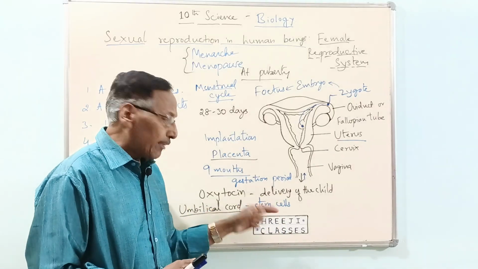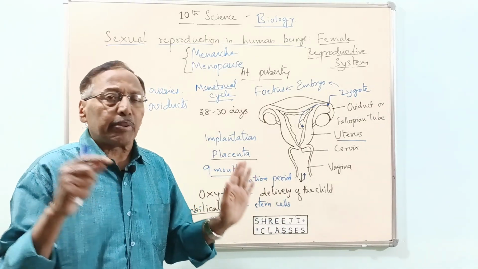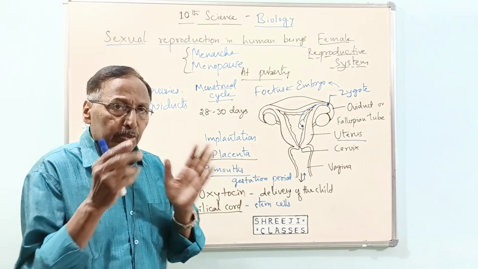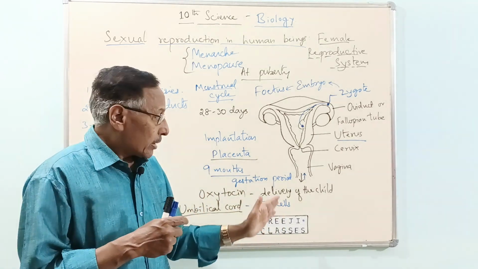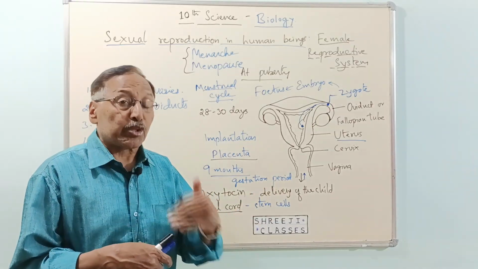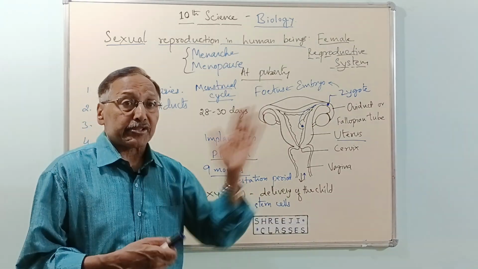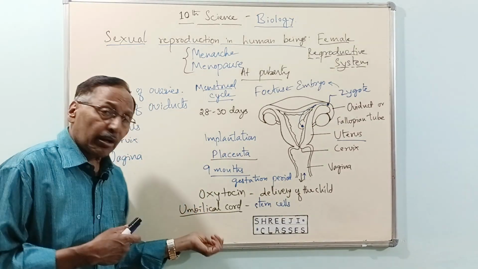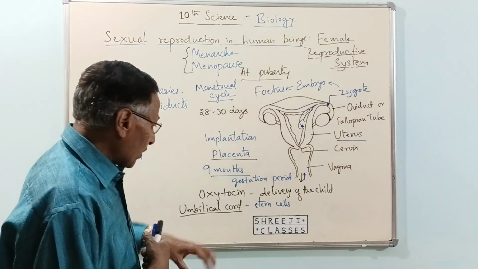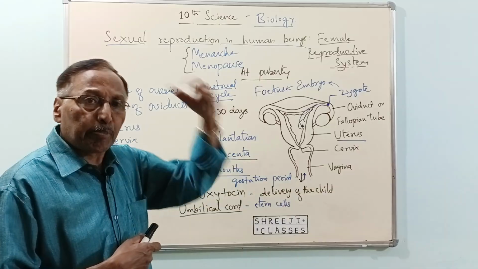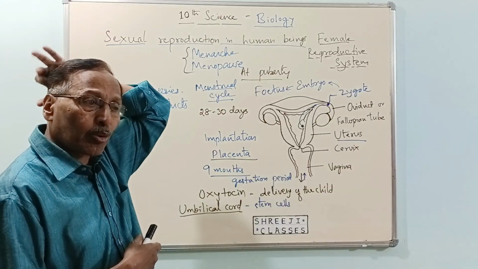They are undefined, or do not have any particular function. These stem cells can be used to make the blood cells. That's why now the umbilical cord is very, very important. It's preserved now, not thrown.